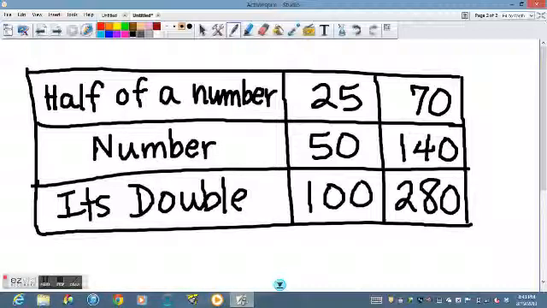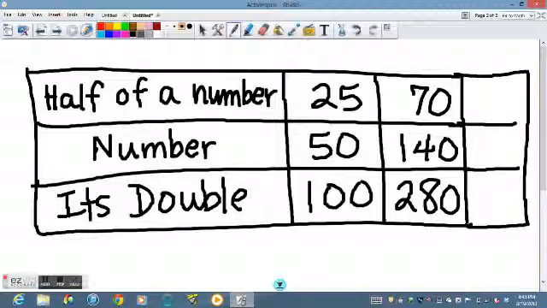Alright, let's do one more. What if my number is 210? Let's do the double first. It's a little bit easier actually. What do we get if we double 210? Well, 210 plus 210 is 420.